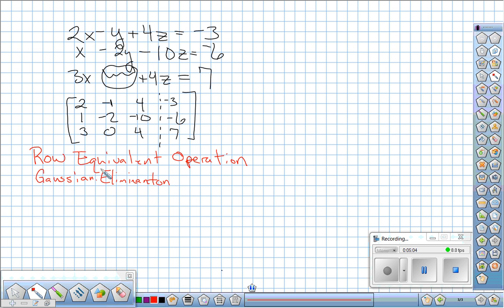Basically, we have a couple rules that we can use to do whatever we want to with the matrices. My first rule is that I can interchange any two rows. My second rule is that I can multiply each entry by the same non-zero constant.